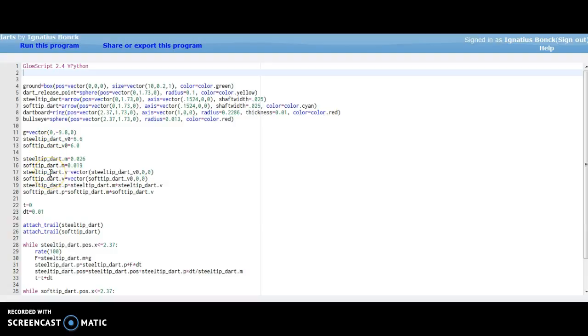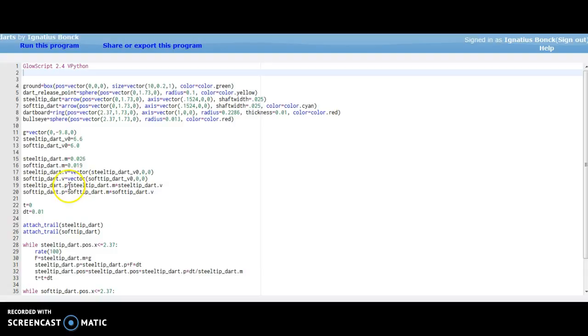Then we find the actual velocity vector, using the two initial speeds as our x component, because we only have velocity in the positive x direction, since I'm aiming directly at the bullseye, and the bullseye is level with the release point.